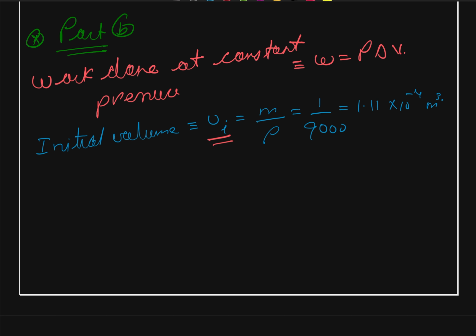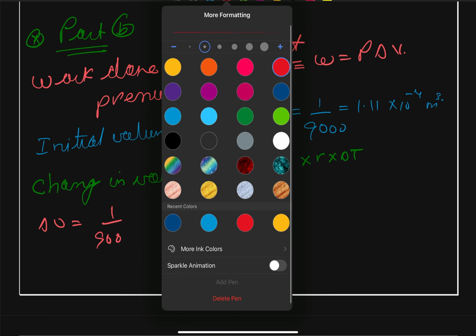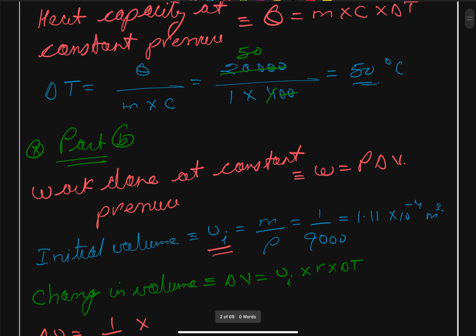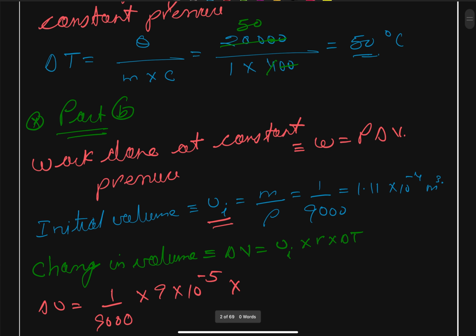So delta V will be equal to initial volume multiplied by the volumetric expansion coefficient and the change in temperature, delta T. Substituting the values, delta V equals 1 upon 9000 multiplied by 9 into 10 to the power minus 5, and the change in temperature is 50 degrees centigrade.